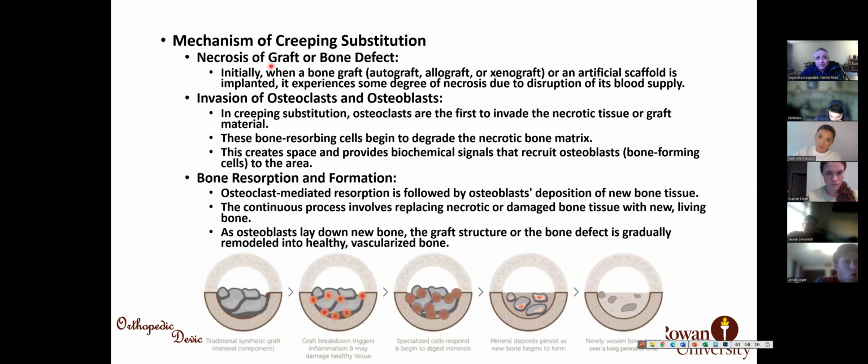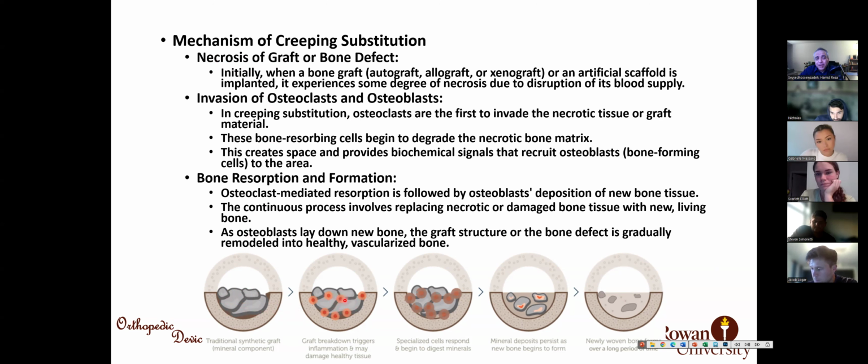It has several stages. First, the dead bone, or the bone graft or bone substitute, because it is a dead part, is attacked by osteoclasts. It is resorbed. The material in it is released. These materials are minerals.